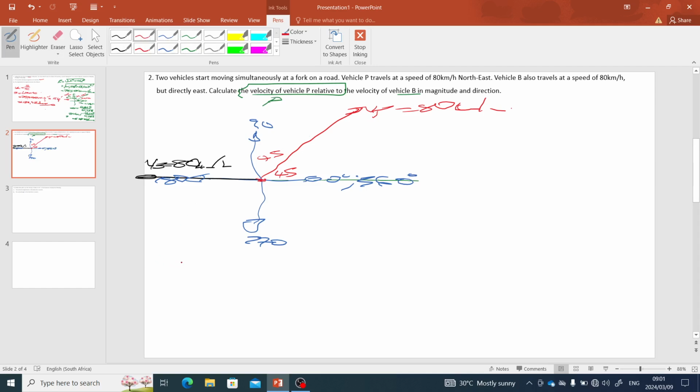Now in calculating the resultant in magnitude and direction, like I said, we'll be using the same method. Vertical component. We are looking for the magnitude of the vector and its position. Now, 0, boom, we found our first vector there. The magnitude is 80.